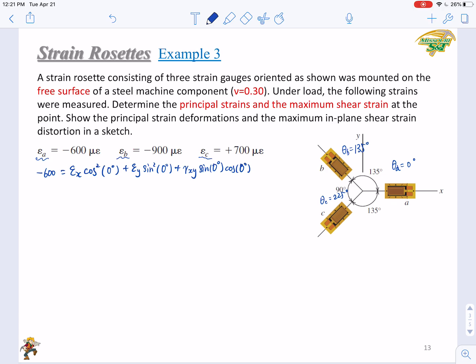In this equation, you can see that here you got a 0, here you got a 0, so here you have 1. So you can directly get that this is equation 1, epsilon x equals negative 600 microstrain.